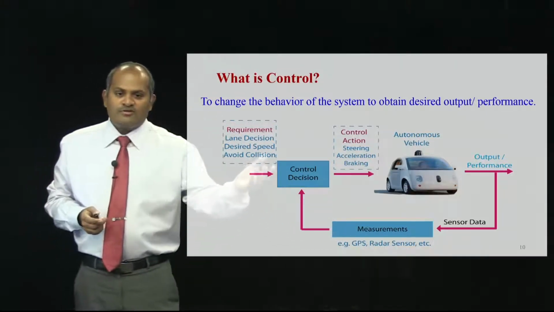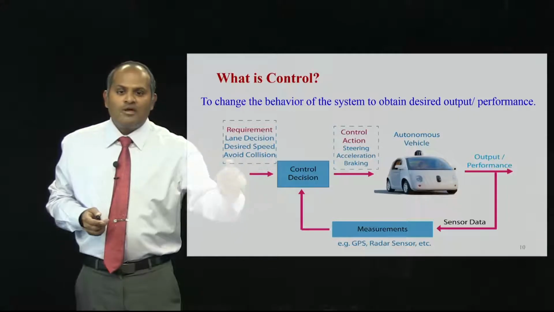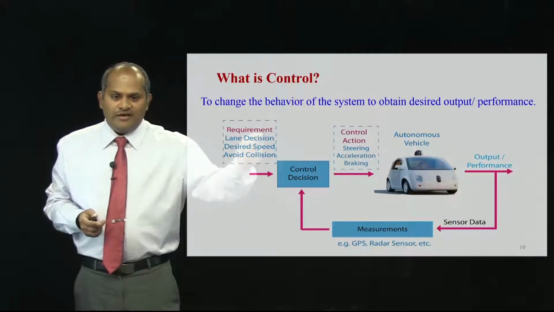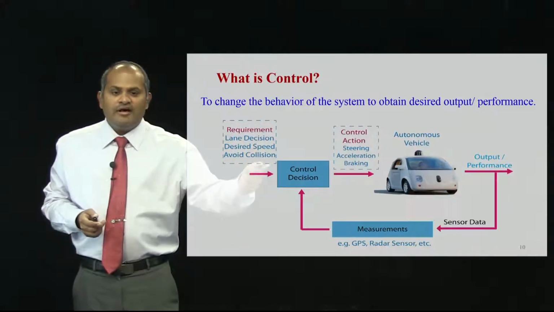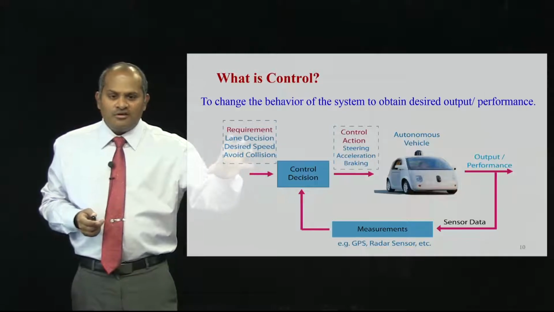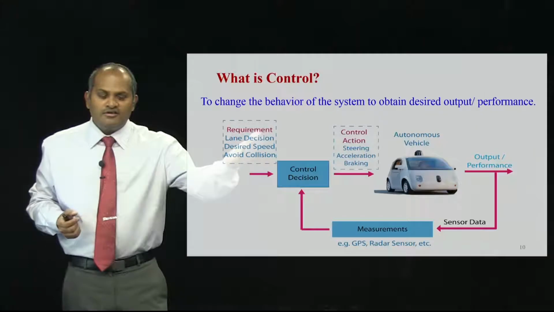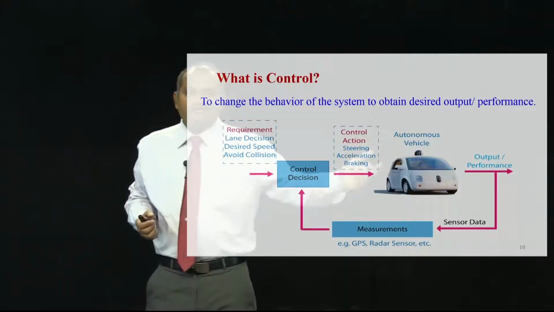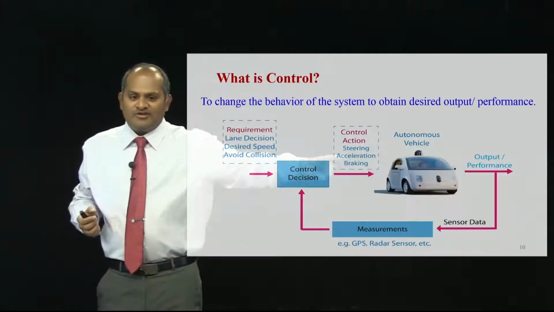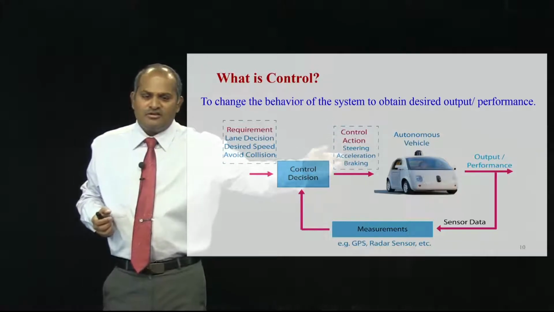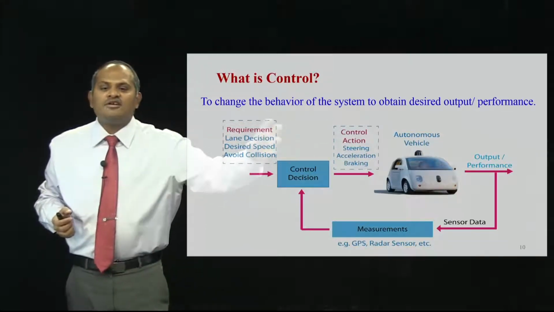The first step is what we call requirement. The rules are lane detection, decide speed, avoid collision. So, the basic rules, that means you will decide what are the rules, never hit anyone, right. And then the control action, the car can do the steering, acceleration, braking, some function. There are so many, but I just list a few of them.